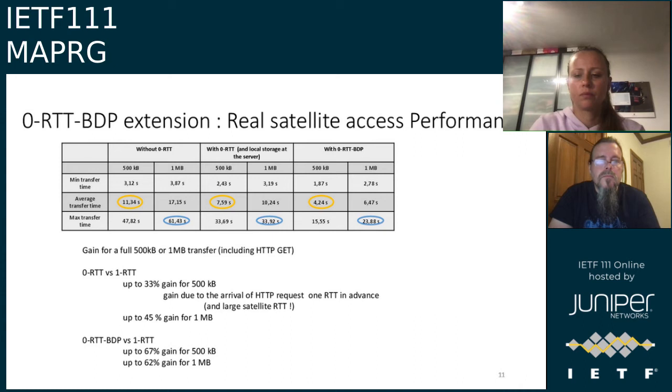The difference between the 0RTT and the 0RTT BDP extension is more in how the information from the BDP frame is exploited. If we want to be safe, we can have less than 8 seconds, and if we don't want to be safe, we can have less than 5. There's still some optimization required, and we just wanted to highlight the best we could do if we didn't want to be fair and just wanted to take the risk of breaking the internet, which we didn't.